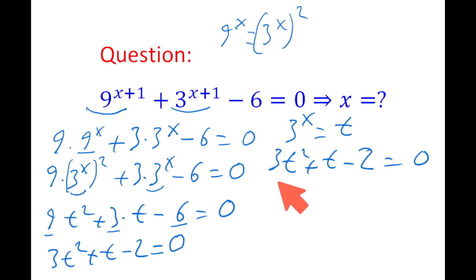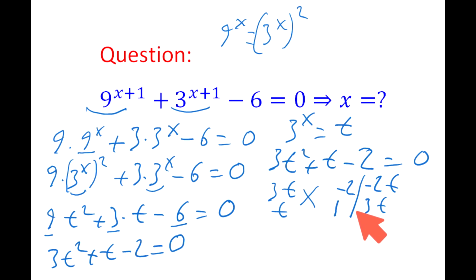3t squared can be written as 3t times t, okay. Negative 2 can be written as negative 2 times plus 1. And if you apply the cross multiplication here, we're going to have negative 2 from here. We're going to have 3t times 1, which is plus 3t. And if you add those terms up, we're going to have plus t, which is the term that we have in the middle.